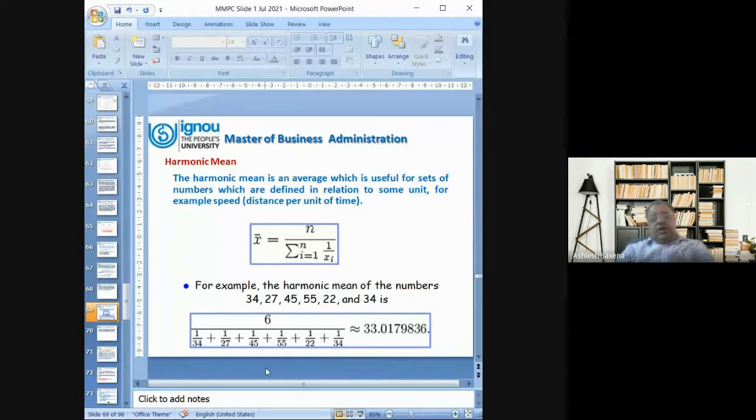You can see there is no under root, only simple calculation is there. If these 6 observations are there, so n will be 6, and that will be the numerator, and in the denominator it will be 1/34 plus 1/24 plus 1/45, so until 1/34. That is equal to 33.0.